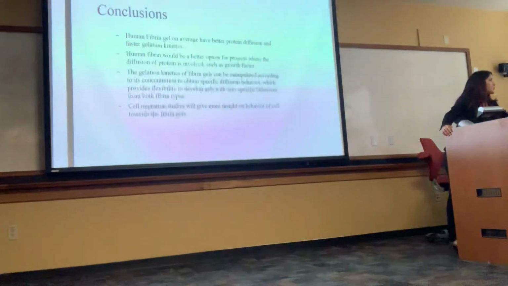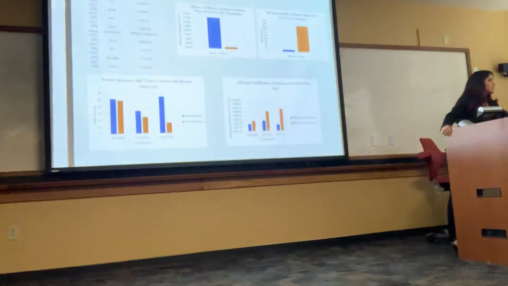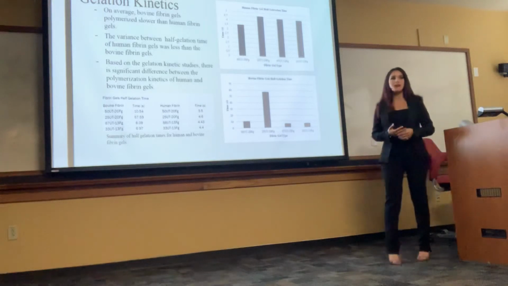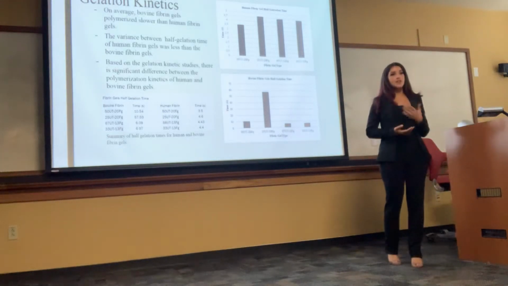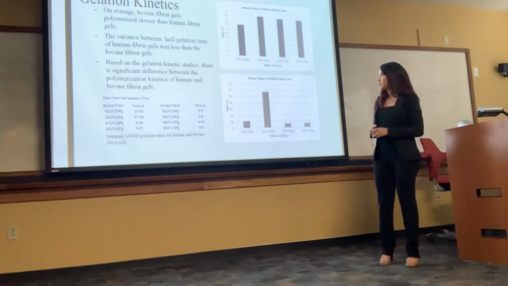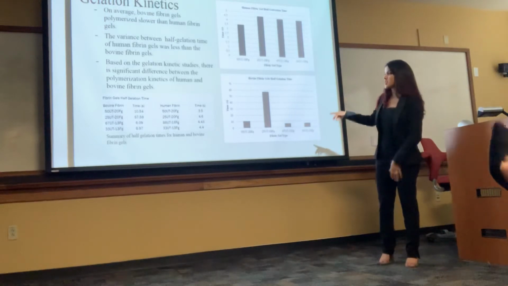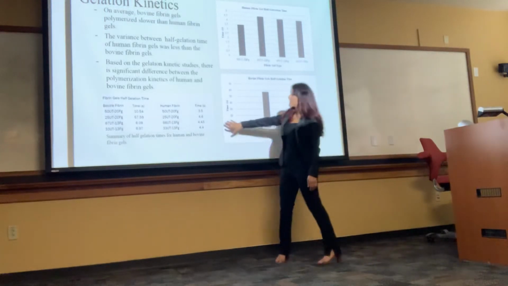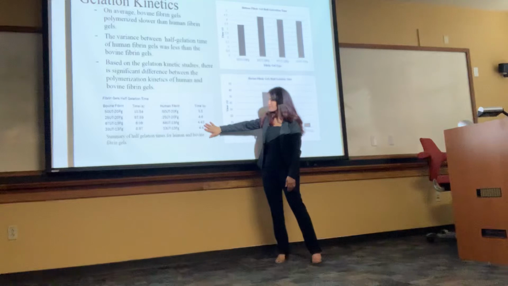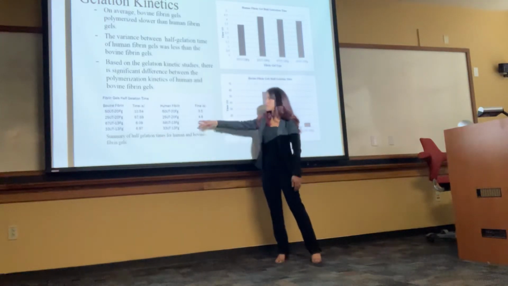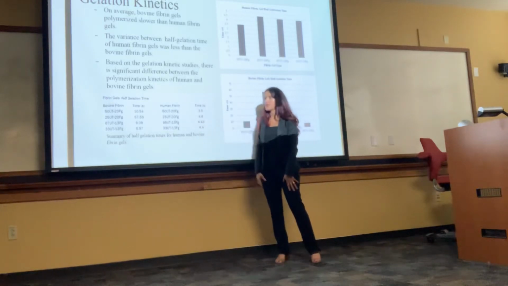Based on different studies that I've read, you would expect for gels with higher concentrations of thrombin to have a faster gelation time, which does stand for most of our gels. In terms of the human one, we do see that it's kept fairly constant, and once you increase the concentration a little bit here, it goes a little bit higher.